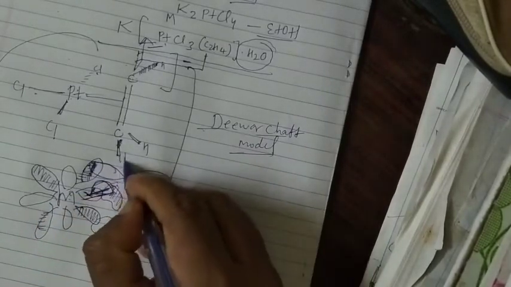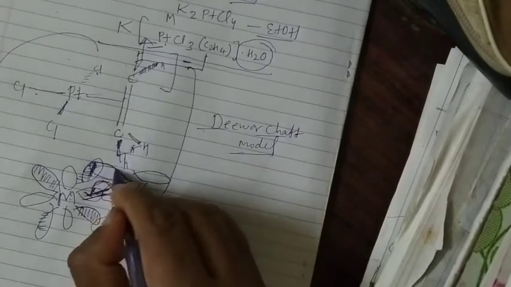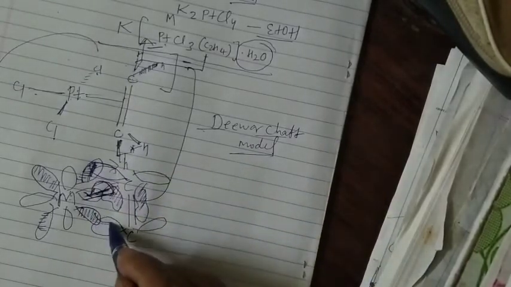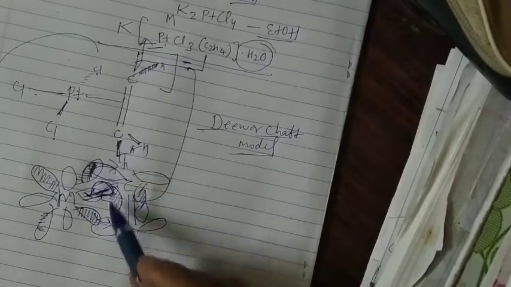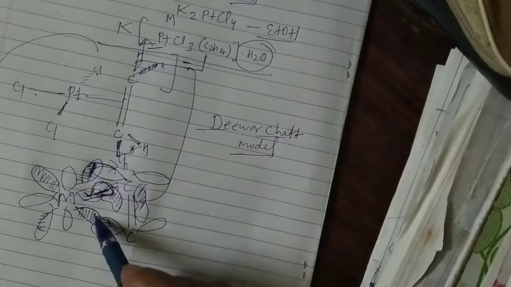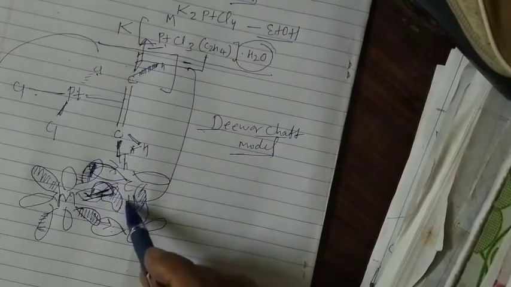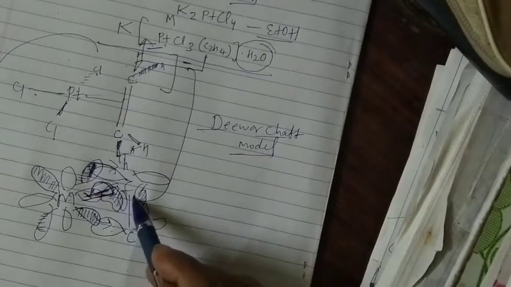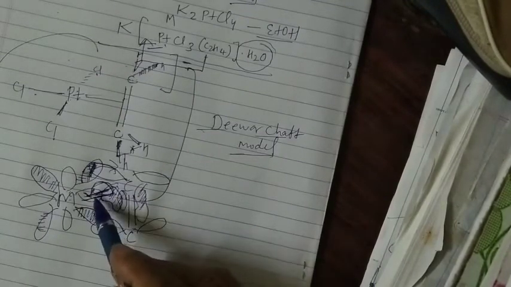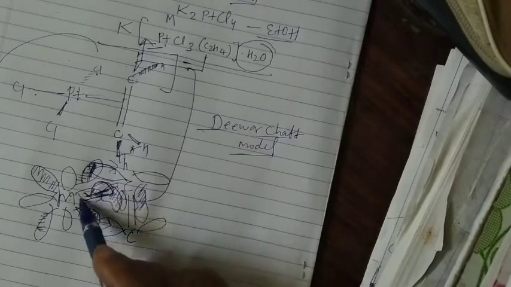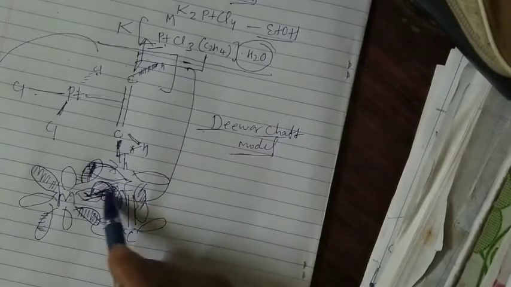So this is the empty pi star orbital of the alkene like this. Okay, so there is back donation this way from the filled metal orbital to the empty pi star orbital of carbon, and from the filled sigma orbital of this carbon to the sigma orbital of this metal. So they are going to form the sigma bond.